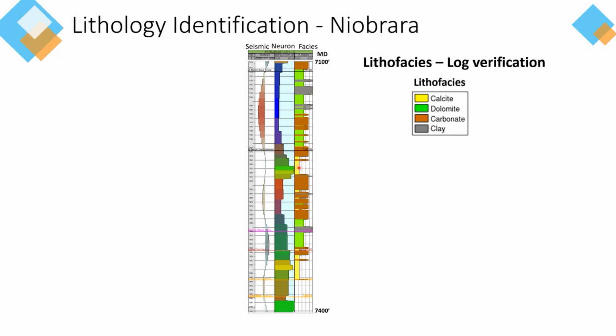Down in here we see calcite. What I'm trying to say is that we have a lot of events within one trough of the seismic data. That being said, let's now go to the verification of the lithophases against the petrophysical evaluation logs.